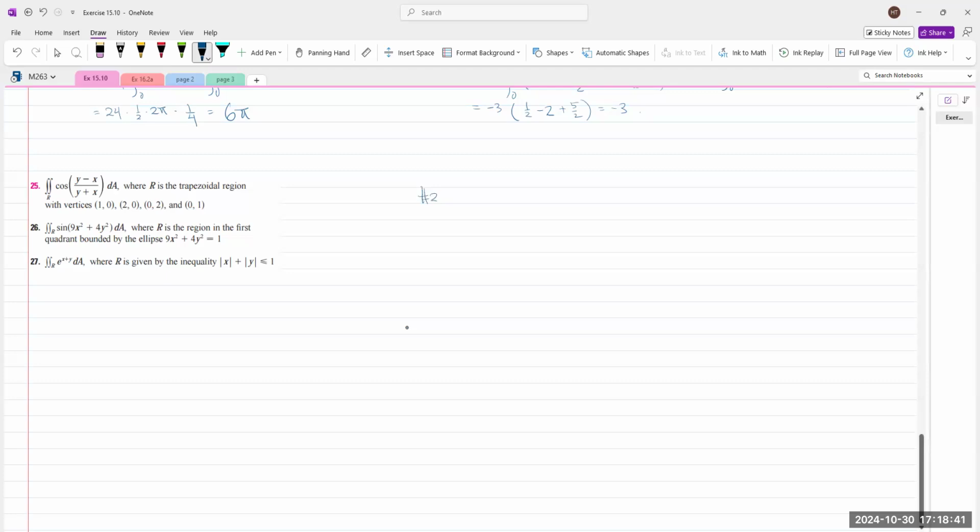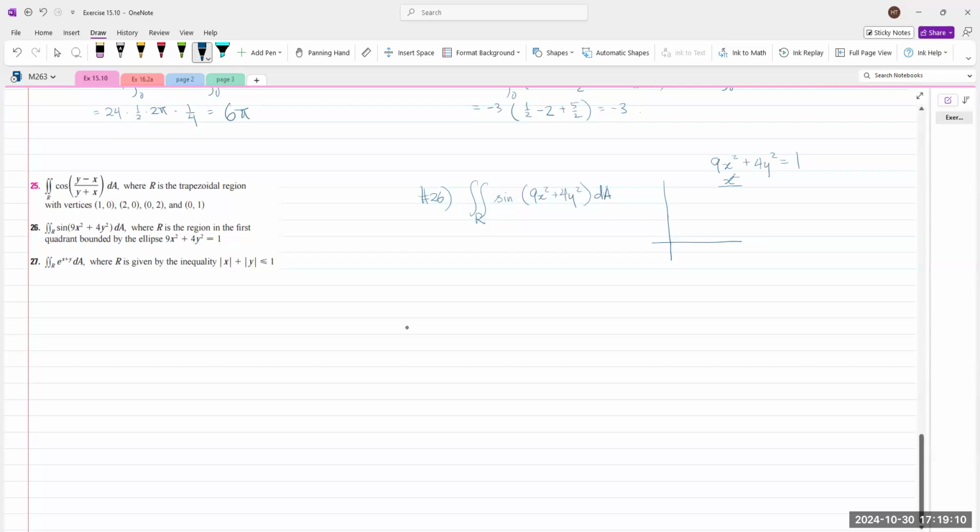Number 26, we have double integral over region R of sine of (9x squared plus 4y squared) dA, where R is the region in the first quadrant bounded by 9x squared plus 4y squared equals 1.